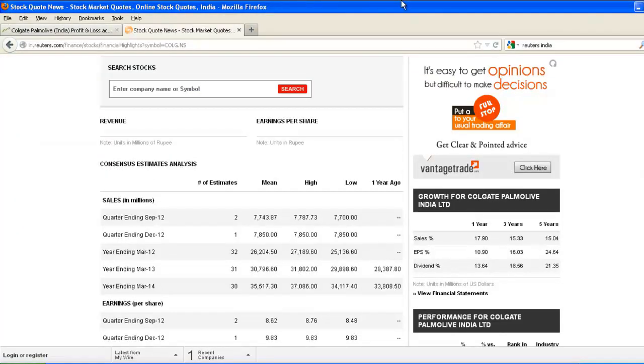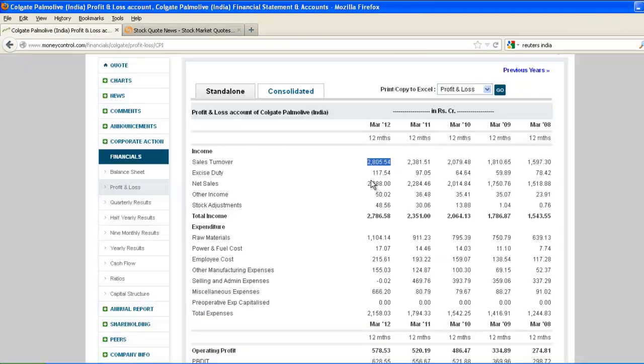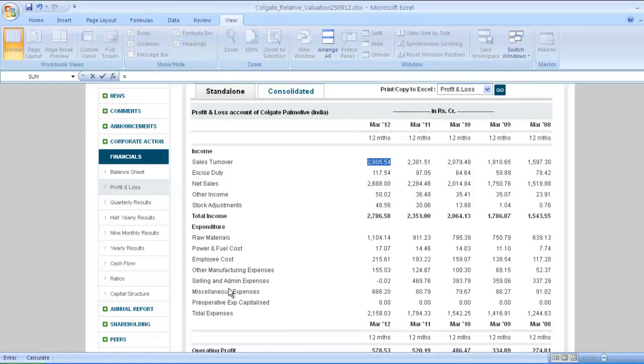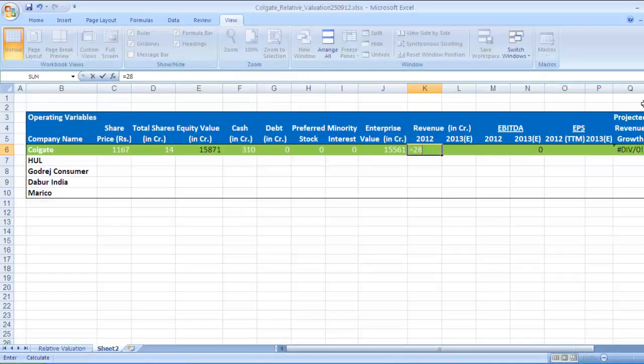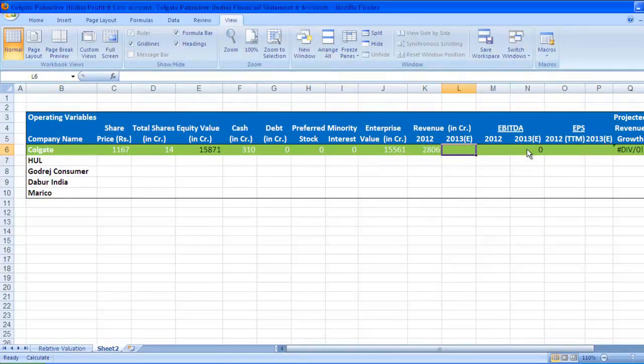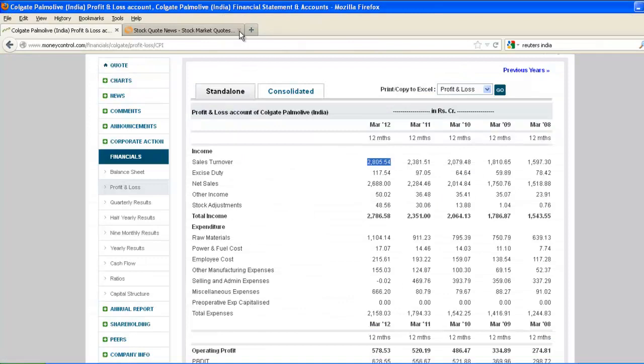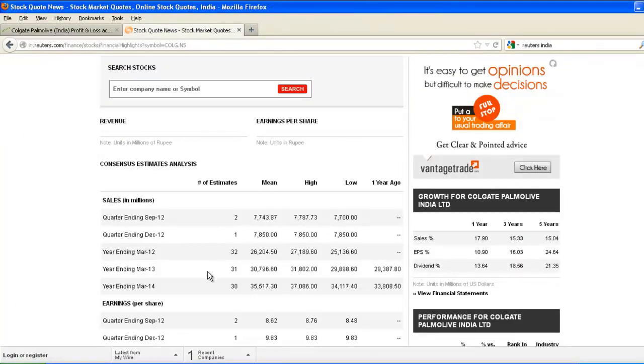Go to moneycontrol.com and the figure is 2805.54. For 2013 expected, if you want estimates, then you need to go to Reuters India. Here the data is available.